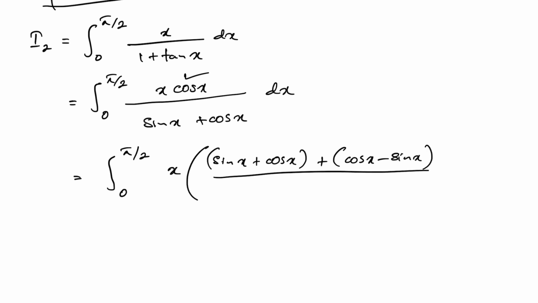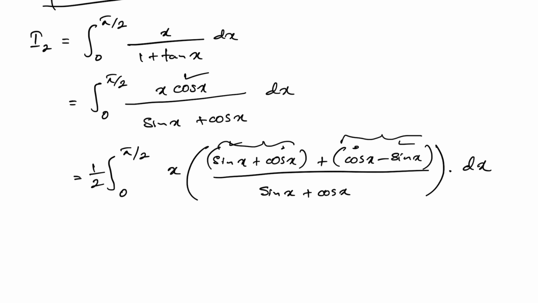Now sine of x gets cancelled, and cosine of x plus cosine of x is 2 times cosine of x, so we should divide by 2, so 1/2. Then sine of x plus cosine of x in the denominator, and dx. Well, then we can divide this part by the denominator and also this part, so we can break our integral.